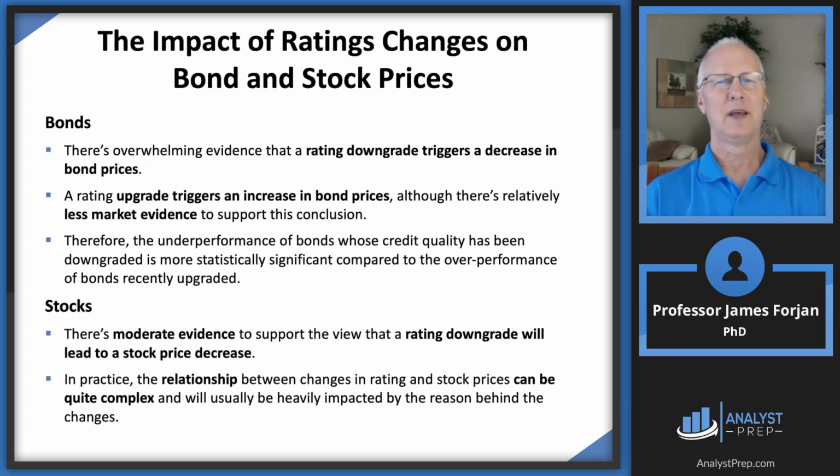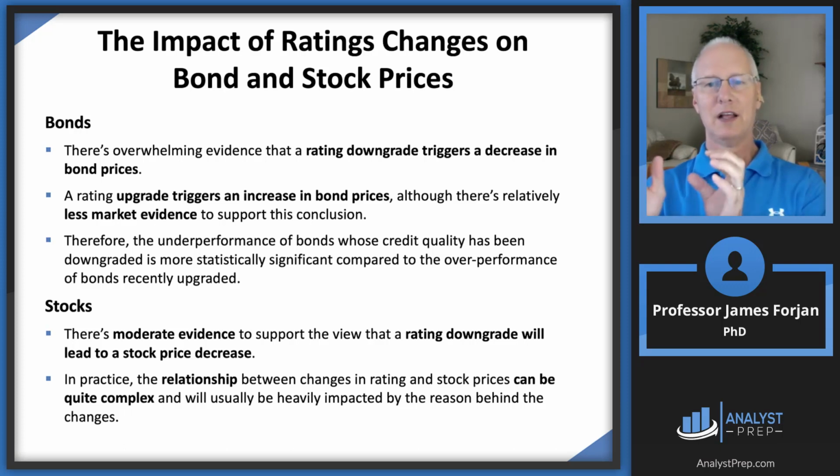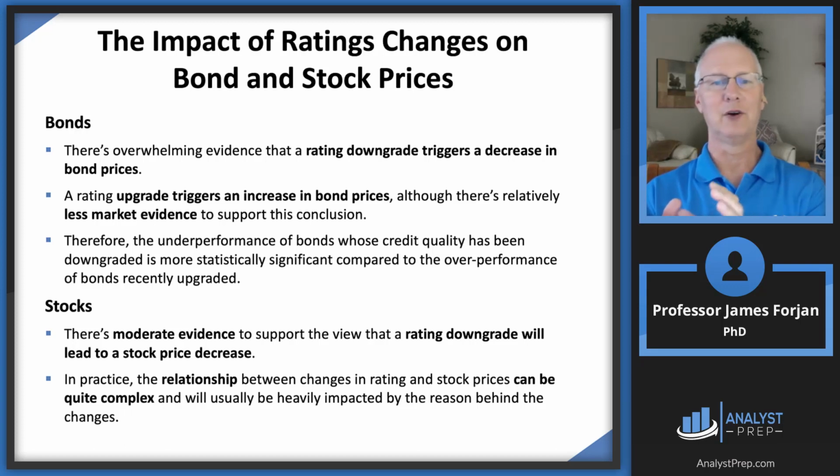How about the impact of ratings changes on bond and stock prices? Of course, if default risk changes, that necessarily changes the yield to maturity on a bond and the bond price. Think about the right-hand side of the balance sheet. If we're doing market values over there, then if there's a downgrade, total bond value goes down.